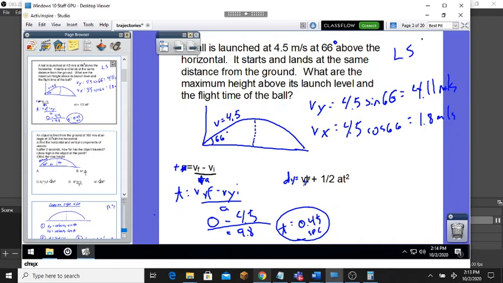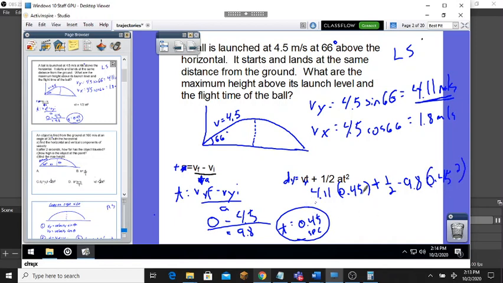We're going to use this number for vy. So vy should be 4.11. My time I just got, 0.45, plus 1/2 a, which is negative 9.8, my time again, and I'm going to square that.